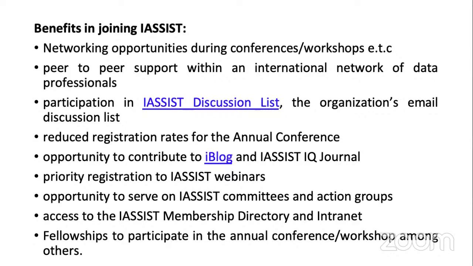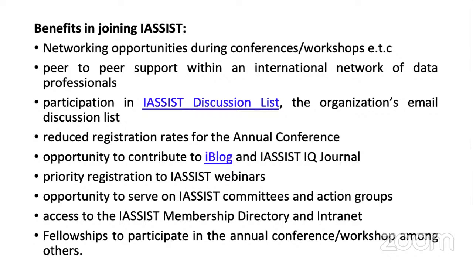And the fellowships I mentioned, we do have the annual conference fellowships, and these are basically for participants from emerging economies. You must have been accepted for the conference.